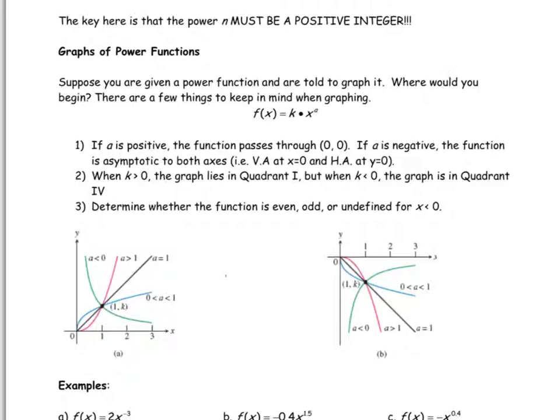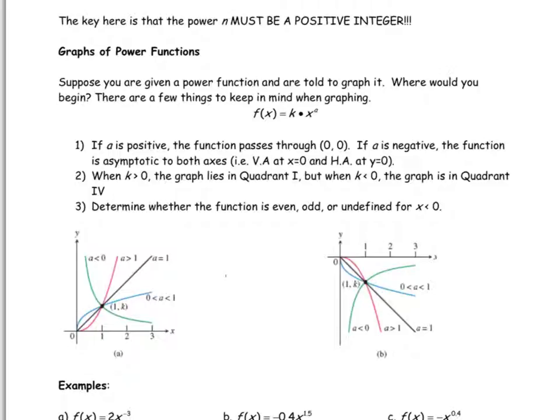Okay, so I just did these same exact graphs a minute ago. What's in black is what it looks like when your power is 1. It's going to mimic that of a line. If a is greater than 1, like 2, 3, 4, the right side of this graph looks like that.